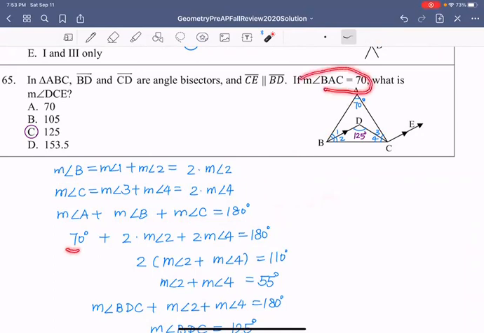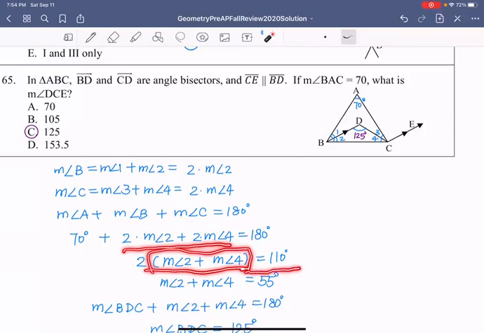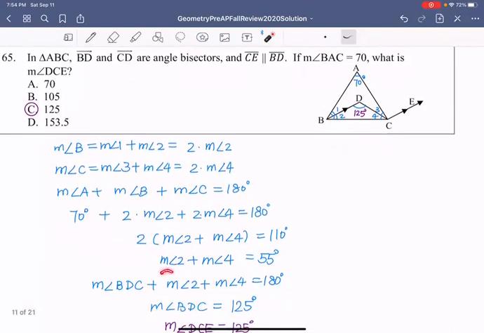This is 70 degrees plus 2 times the measure of angle 2 plus 2 times the measure of angle 4 equals 180. Okay. Next. 2 times the measure of angle 2 plus the measure of angle 4 equals 110. Okay. Next. The measure of angle 2 plus the measure of angle 4 equals 55.